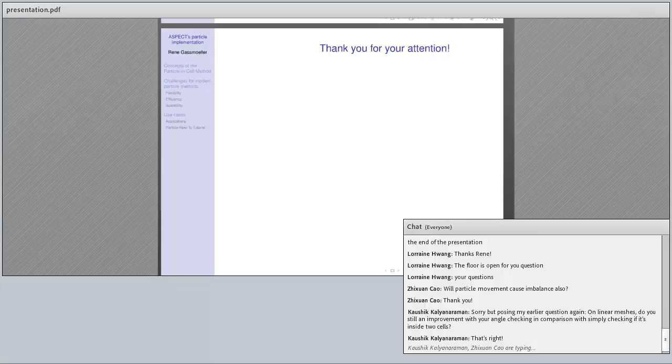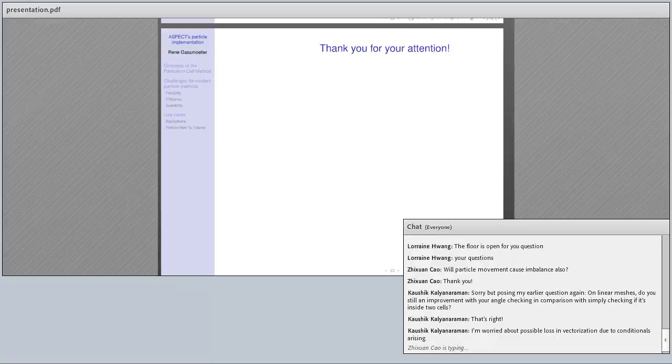Yes, I would guess so. The main improvement of the angle checking compared to the distance checking is that it can handle adaptively refined meshes.